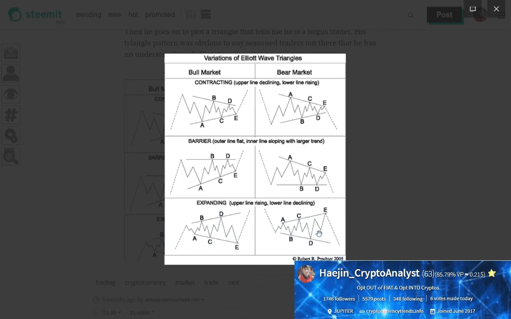And you've seen this constantly. The broadening pattern is what I call the jaws of wealth lately. Now, in an expanding or broadening pattern, when the price is here on the bottom, it's bullish.